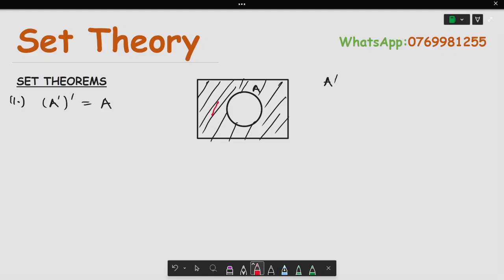This part is what we're calling a complement, which is basically all the elements that are not inside set A. So in our case, all the elements that are not inside set A are found on the outside.